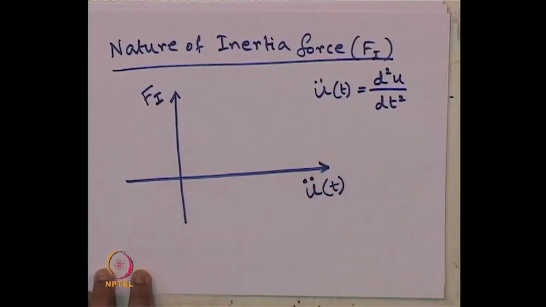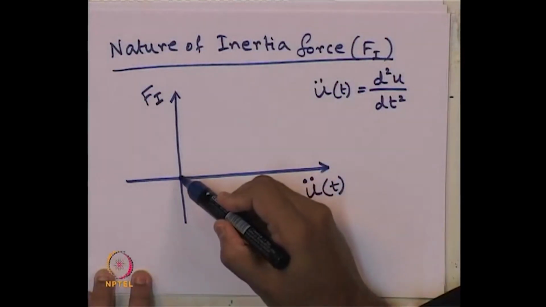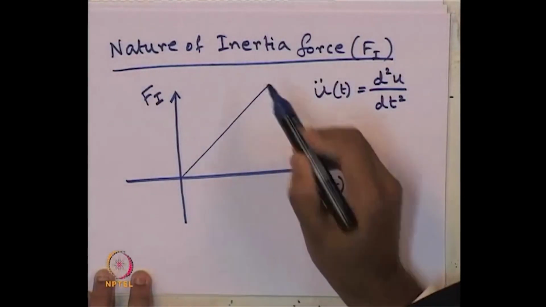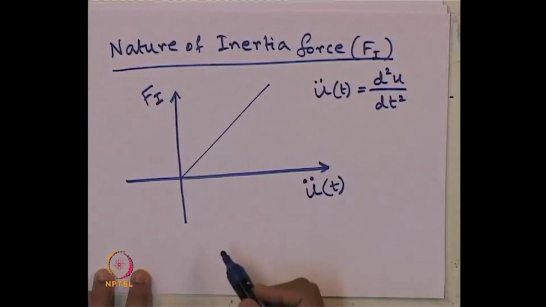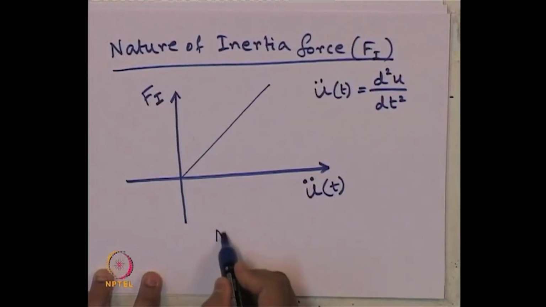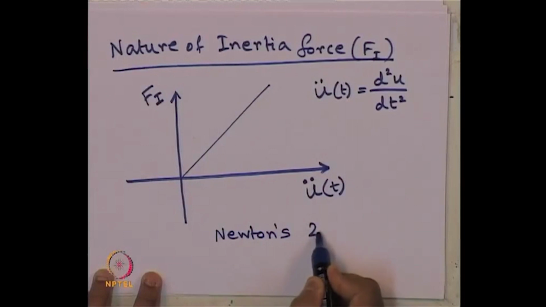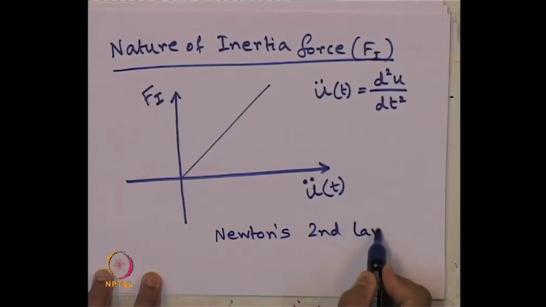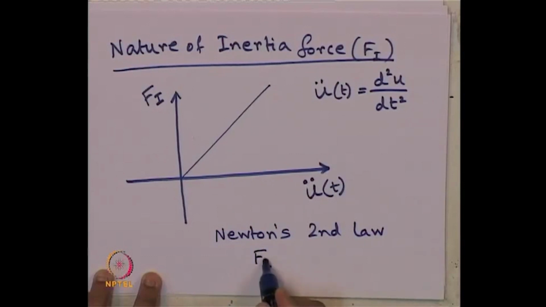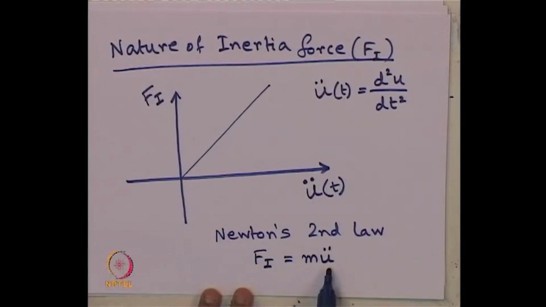Now, we can assume a variation like this, which is coming from basically if we use Newton's second law of motion. What it says is that f of I is equal to m u double dot, that is, inertia force is nothing but mass times the acceleration.